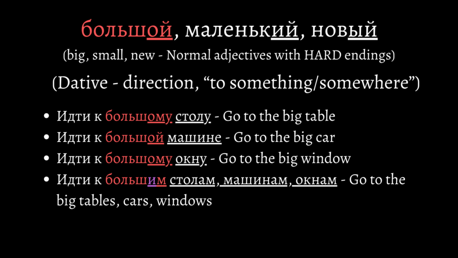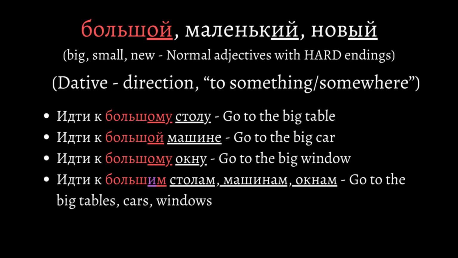Here, we have the adjective большой in the dative, and this is the sentence that I will use. Идти к большому столу, идти к большой машине, идти к большому окну, and идти к большим столам, машинам, окнам.